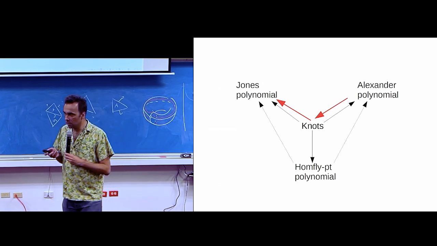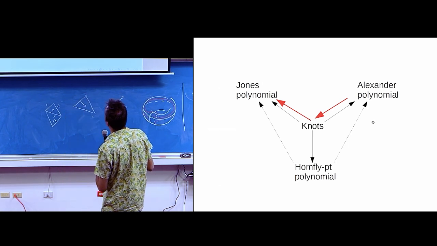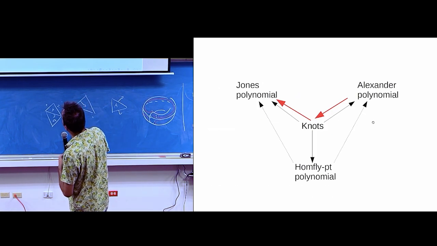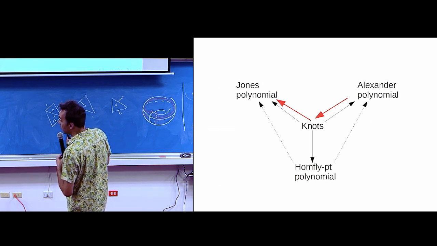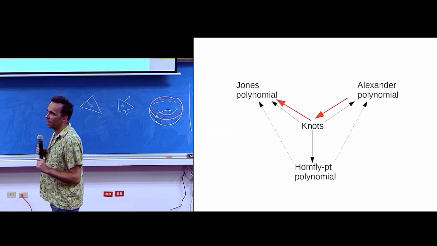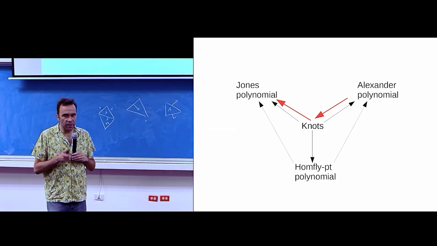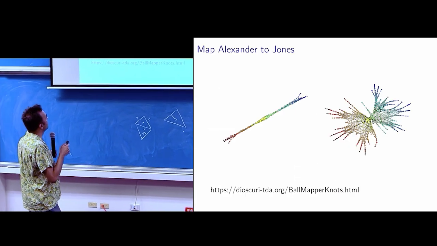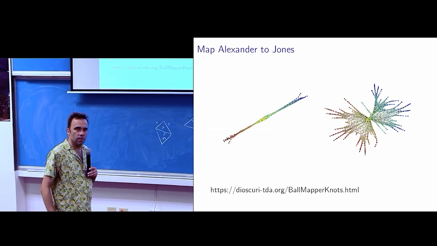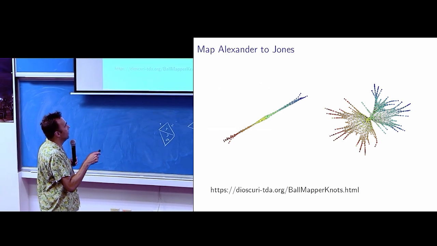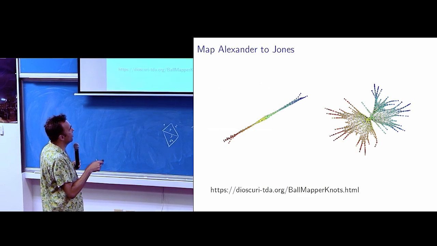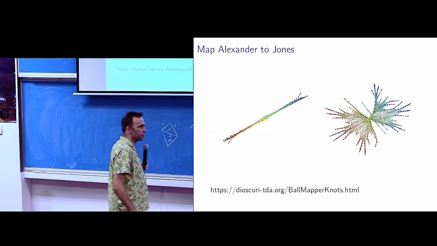But what we can do, we have a nice picture now. We have a Ball Mapper of that thing, and a Ball Mapper over there, and we know which knots are sitting in every cover element. So we can ask, where are the knots from this region of the space of the Alexander polynomial in the space of the Jones polynomial? They are over there, colored by the red color.